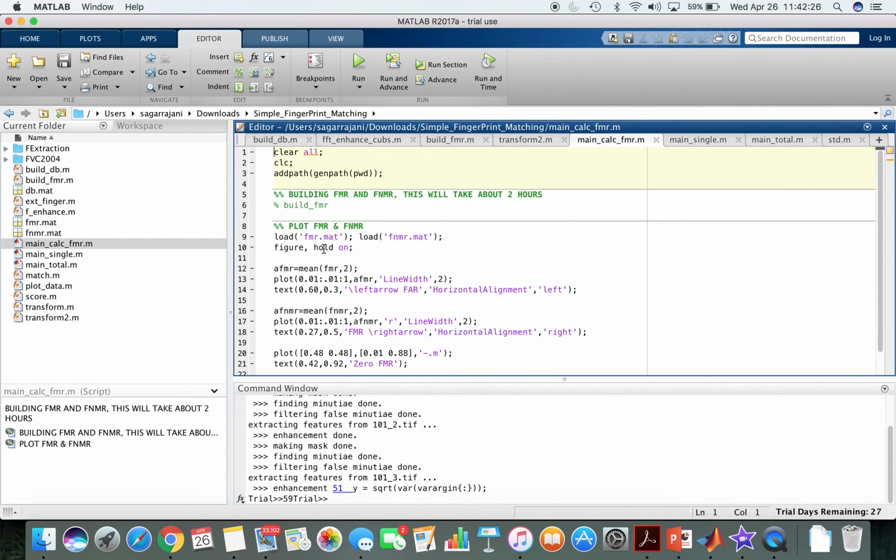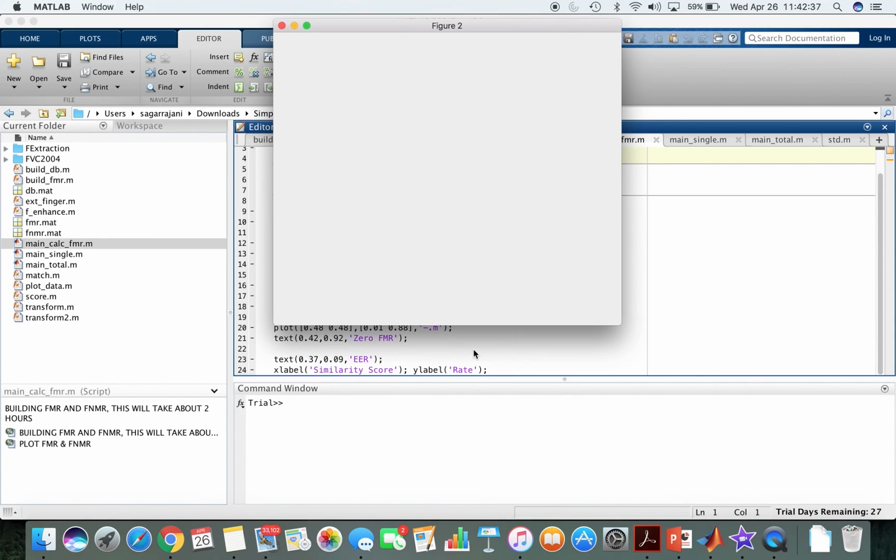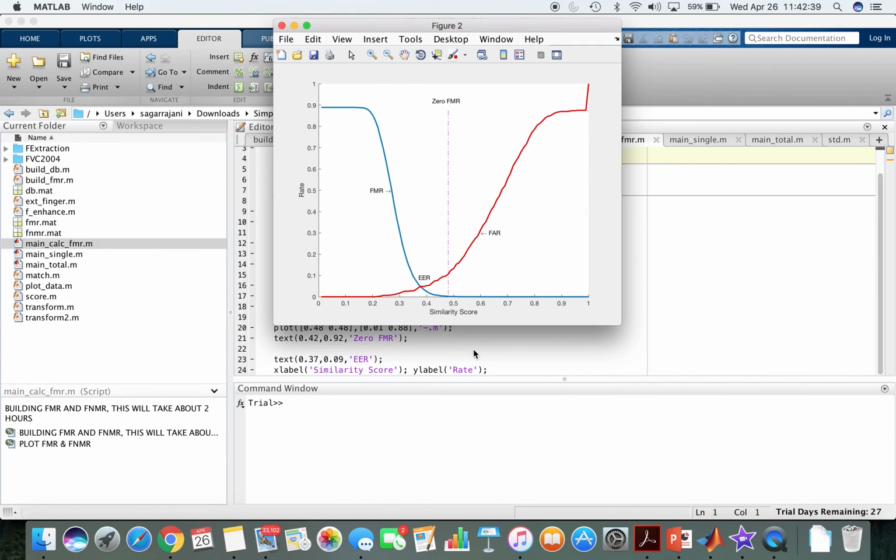It will load up FMR.mat and FNMR.mat and generate a graph from those values. As you can see over here, the FMR reduces to 0 at this point, and this is set as a threshold. If two images have a similarity score greater than 0.48, then they belong to the same person.